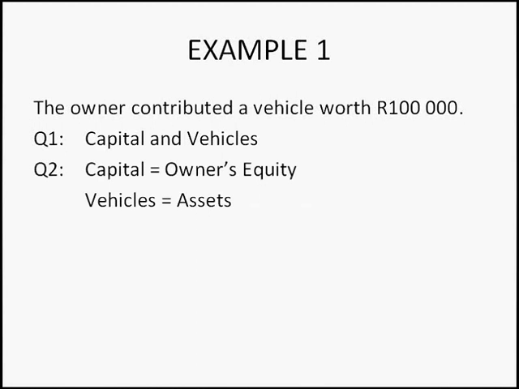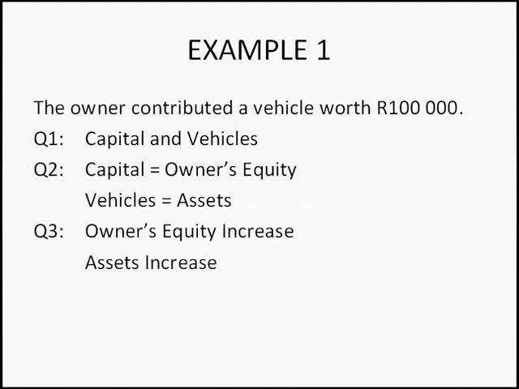Vehicles can be classified as assets, and at this stage it's not necessary for you to say whether it's a current asset or a non-current asset, because we're simply working with the accounting equation. And the accounting equation has only 3 main elements, those being assets, liabilities, and owner's equity. Okay, so question 2, classification: capital is owner's equity and vehicles are assets.